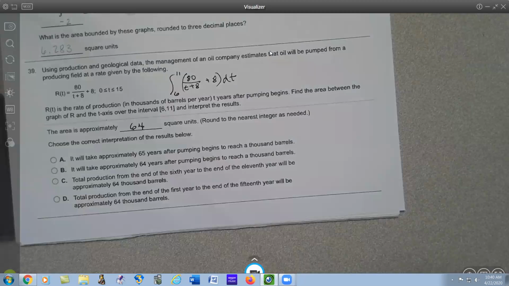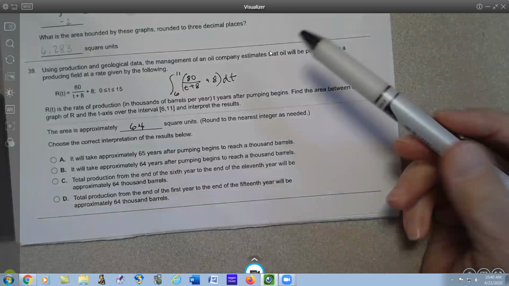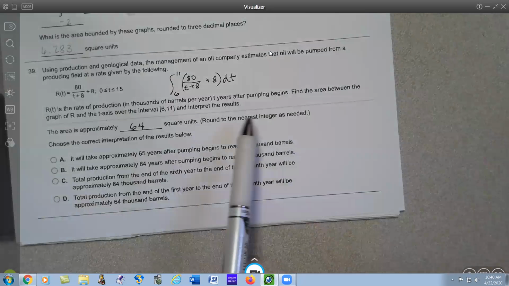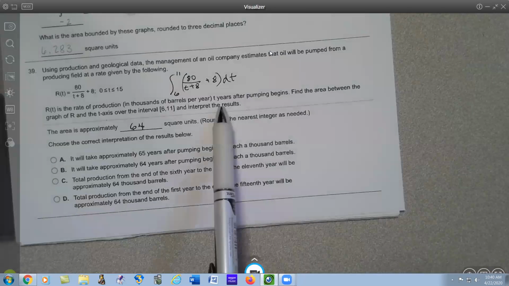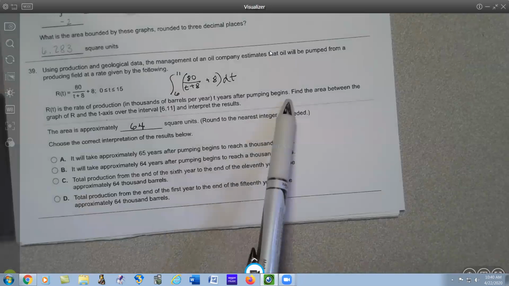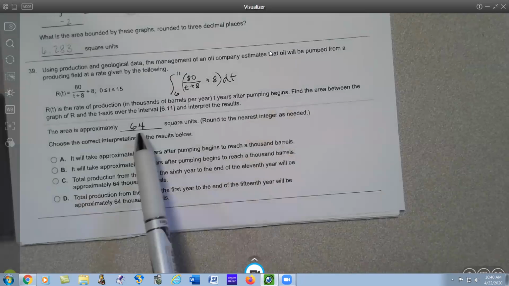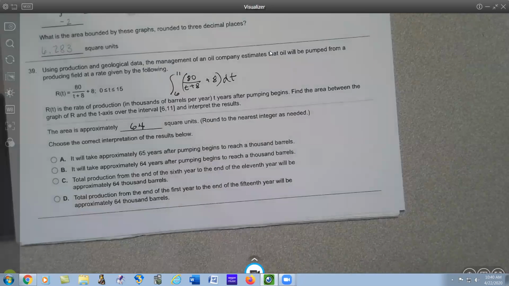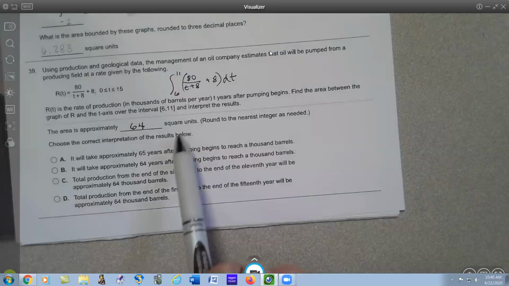Okay. Let's eliminate some of these. My T up here represents T years after pumping begins. Guys, what they gave me was from 6 to 11. A and B makes no sense whatsoever. It's not 64 years. And I've never heard years being in terms of square units. So A and B is out of there.